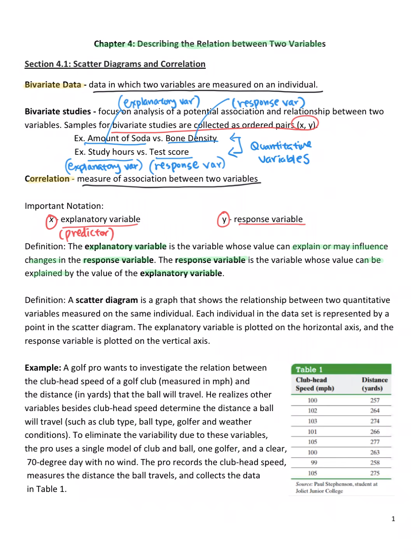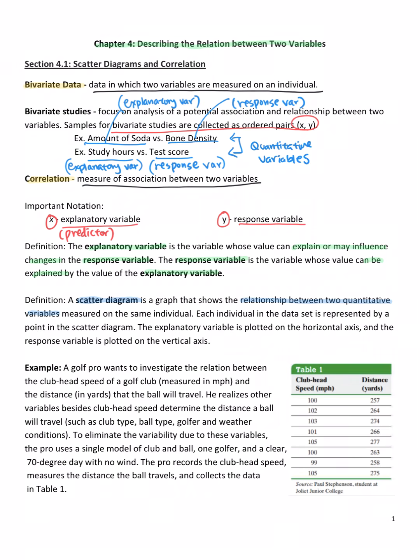Now, the first step in identifying the type of association or relation that might exist between two quantitative variables is to draw a picture of the data. And the picture is called a scatter diagram. A scatter diagram is a graph that shows the relationship between two quantitative variables measured on the same individual.